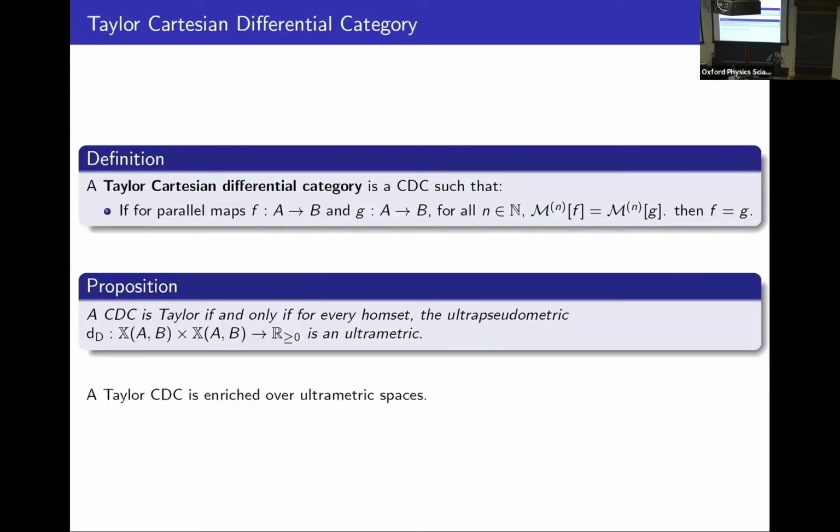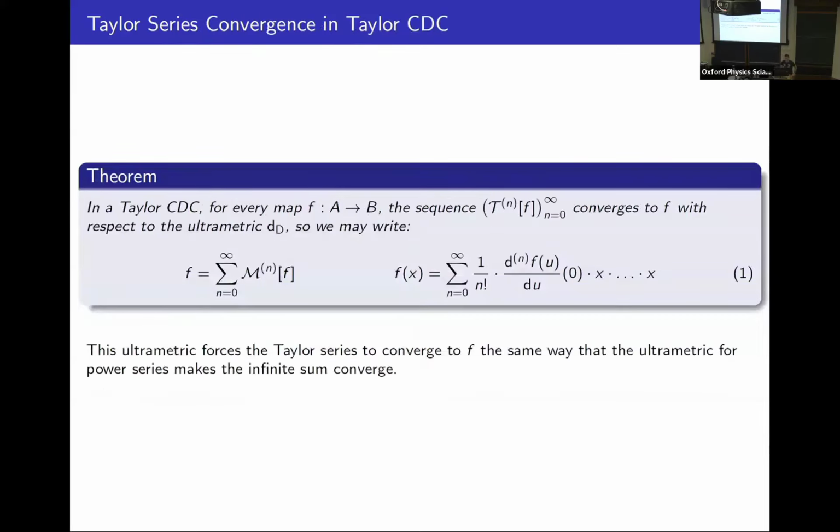And again, for a Taylor CDC, this becomes an enrichment over ultrametric spaces. And so the main result is that in a Taylor CDC, with respect to that ultrametric, the Taylor series converge to their functions, which is the result we wanted.